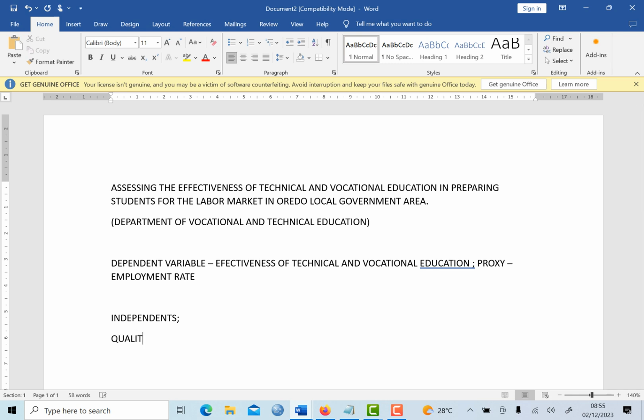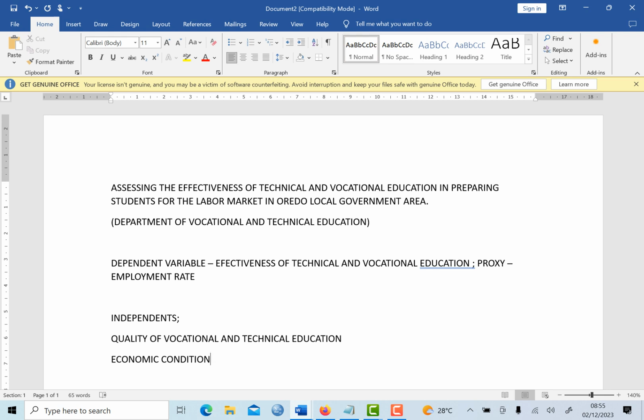Quality of what? Vocational and technical education. Then economic condition. You can just use economic condition also. So these are the factors that can affect the effectiveness of vocational and technical education.